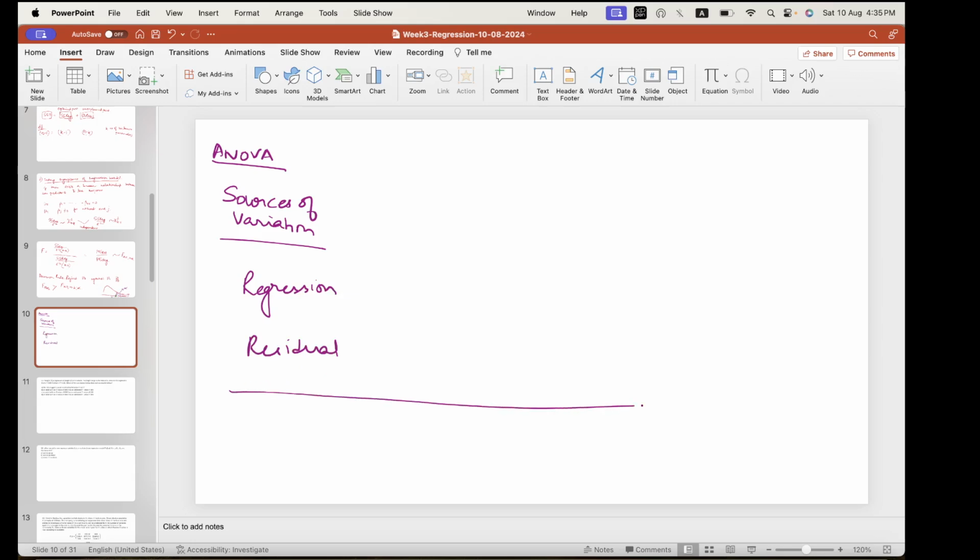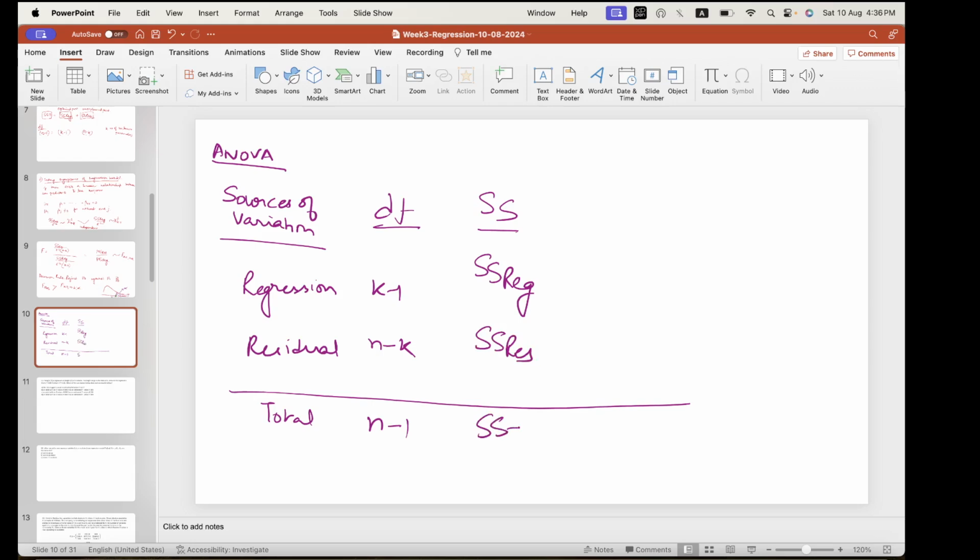And then we would have something like the total source of variation. df, this would be k minus 1, this would be n minus k, this would be n minus 1. Sum of squares, we have learned how we can obtain it. This is sum of squares due to regression. This would be sum of squares due to residuals. This is SST, total sum of squares.